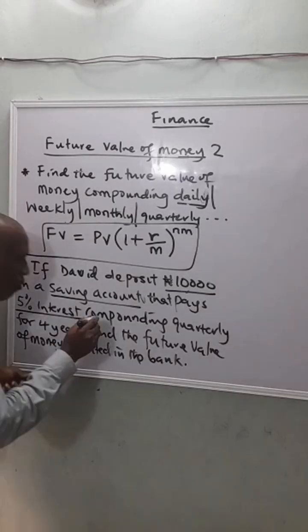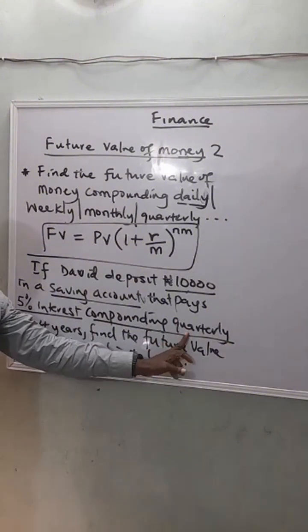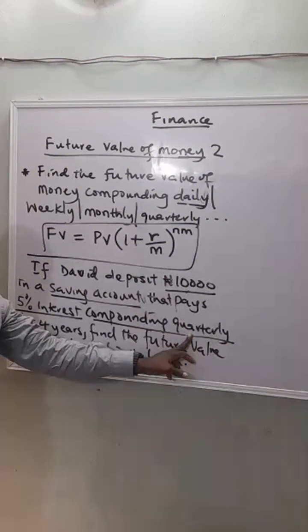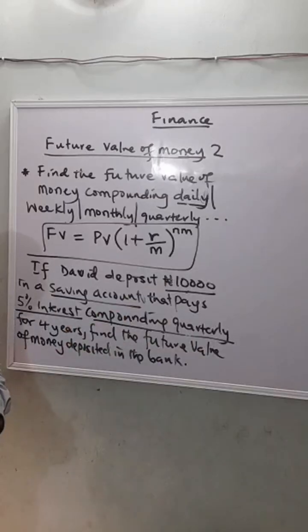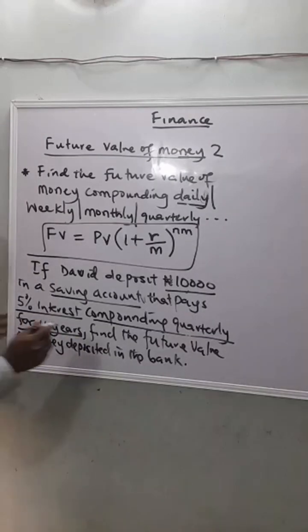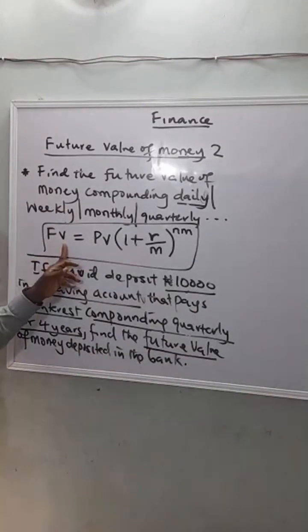And the word compounding quarterly means my M will be 4. Assuming quarterly was daily, my M would have been 365. Assuming it was monthly, my M would have been 12. For how many years? 4 years. So what are we looking for now? Future value of money.